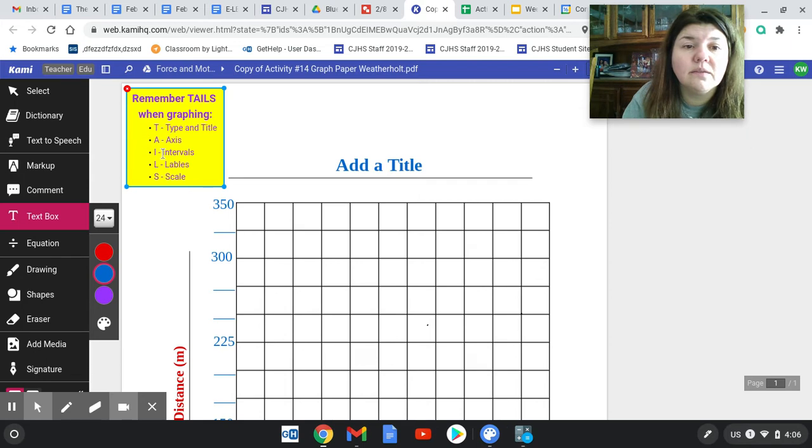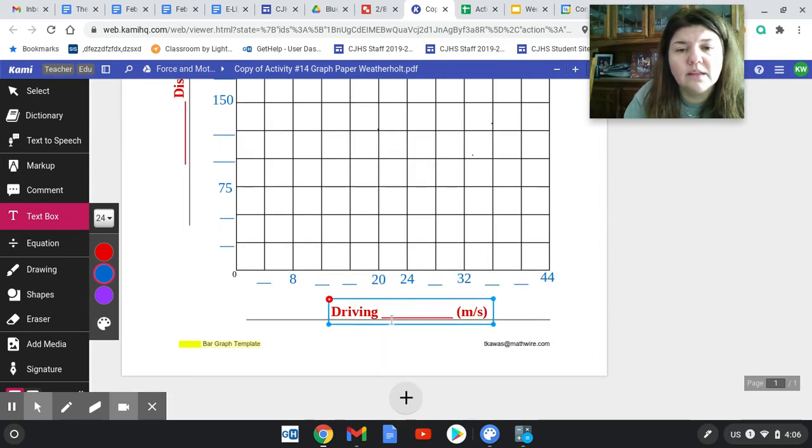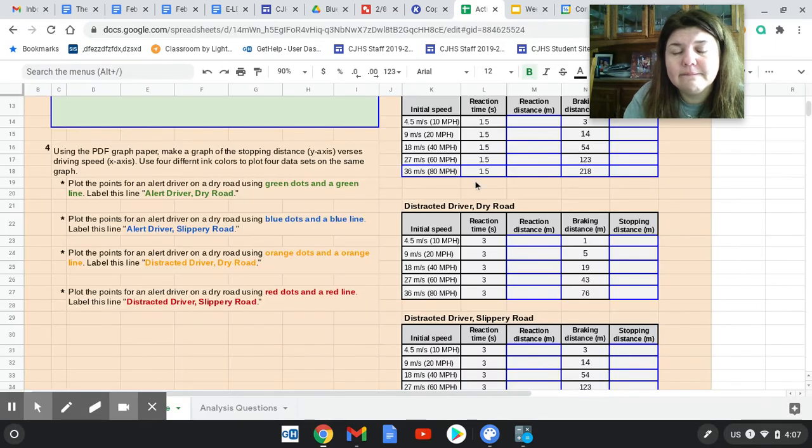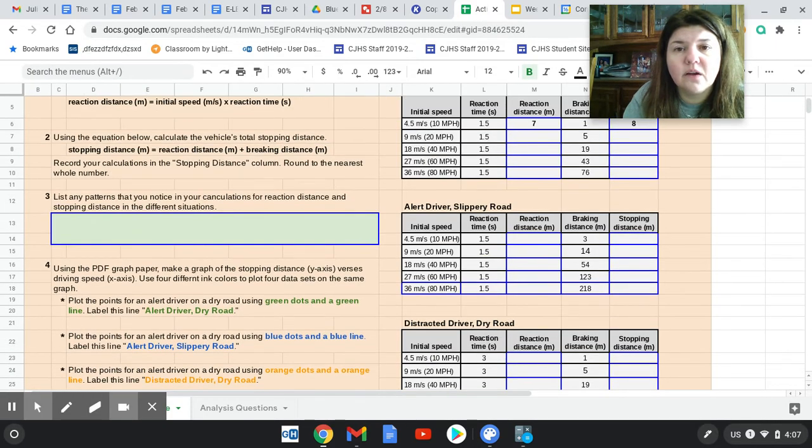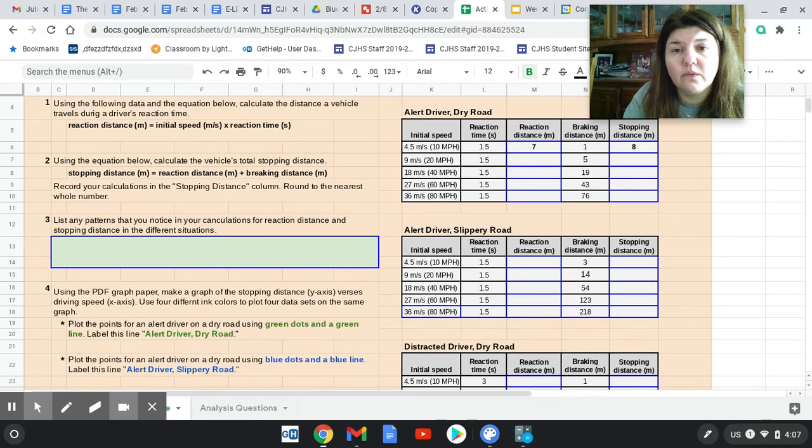And then the final part is figuring out the intervals on the axis and the scale. So along the x-axis here, I have a total of 11 lines. And the x-axis is the speed, the driving speed, or as listed here, the initial speed.